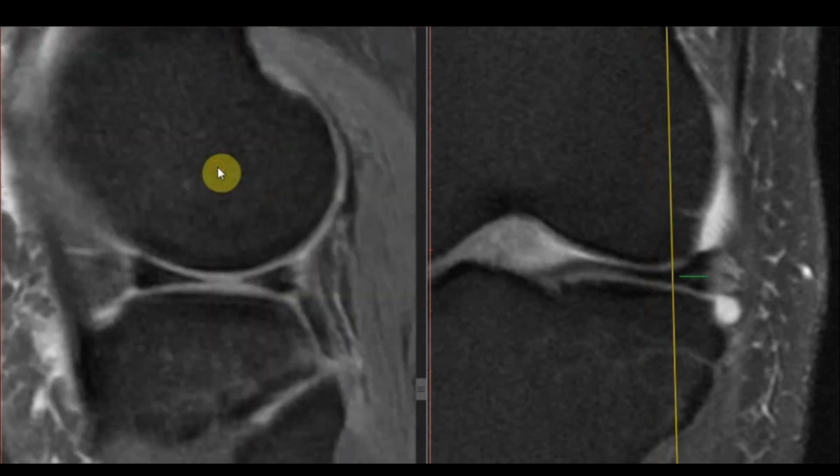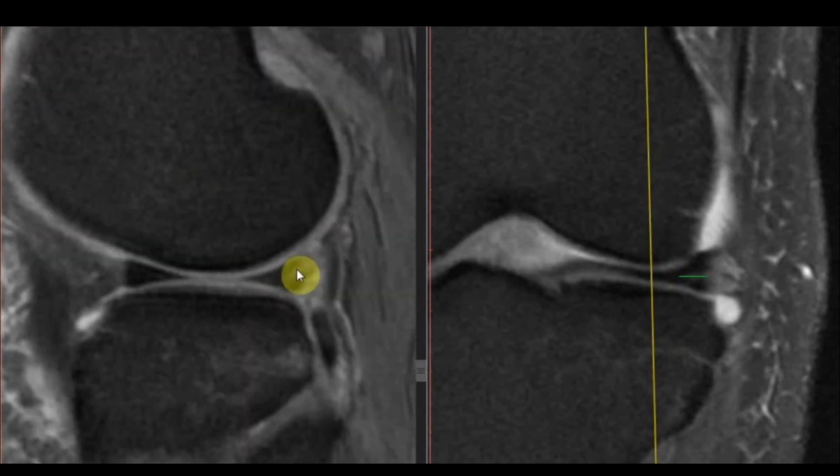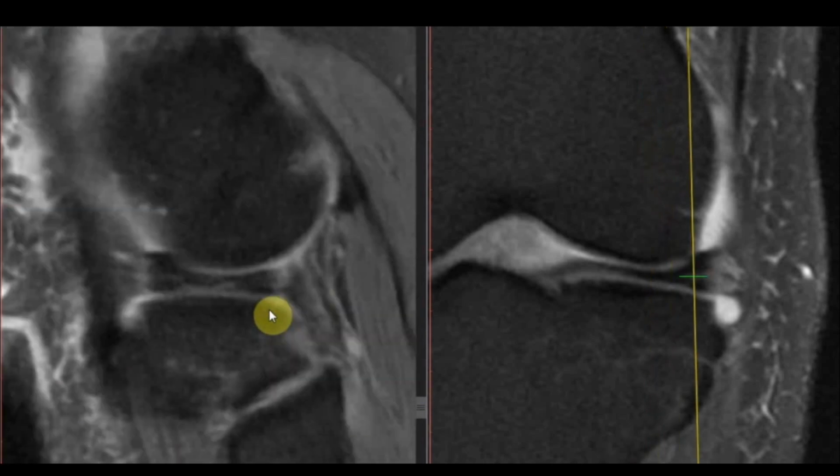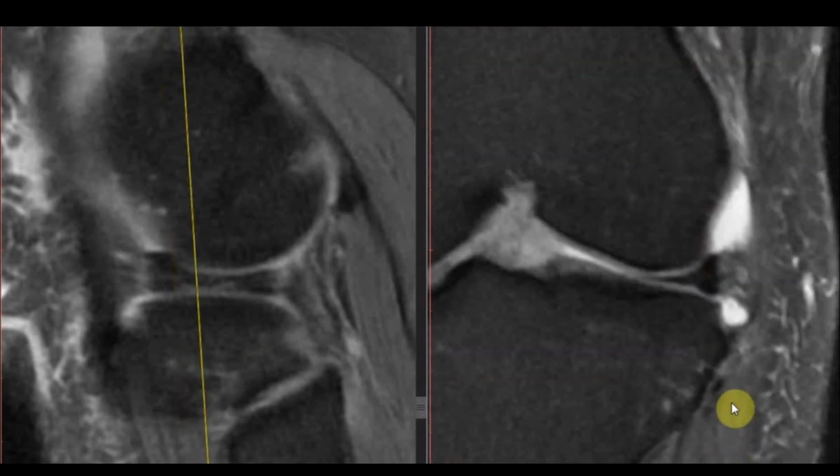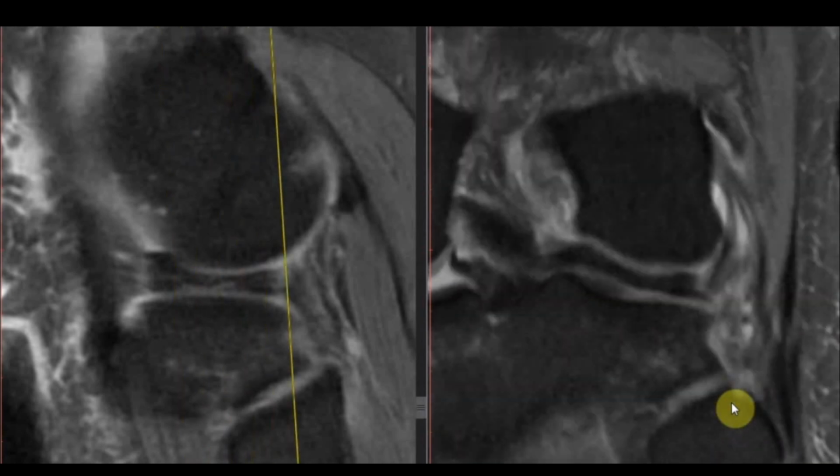On sagittal plane we can see that this tear is not pure horizontal, but it is going towards the inferior articular surface also. So this is a complex tear involving the posterior horn of lateral meniscus, and it is also involving the body of the lateral meniscus. A complex tear is basically a combination of two or three different varieties of tear.